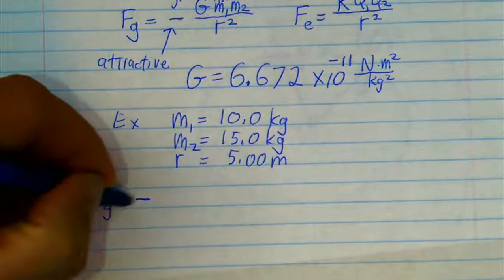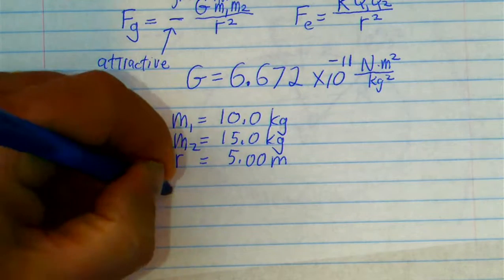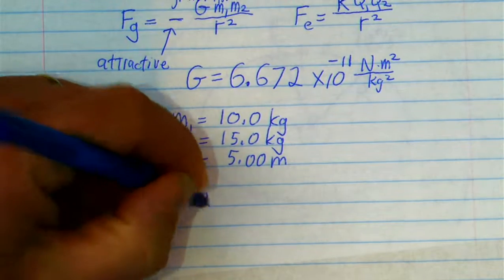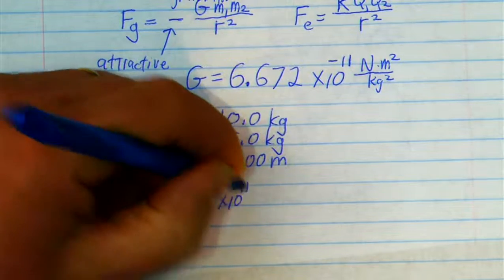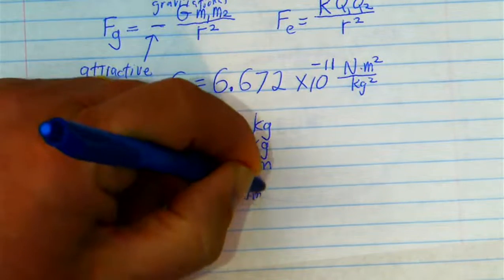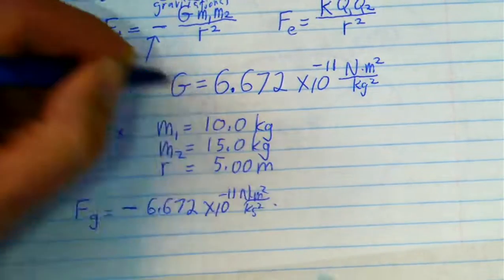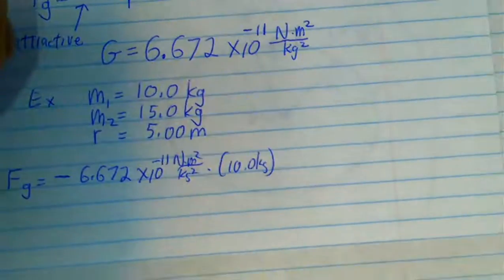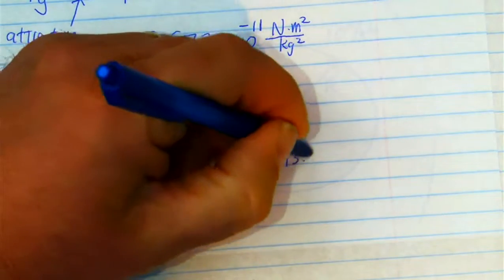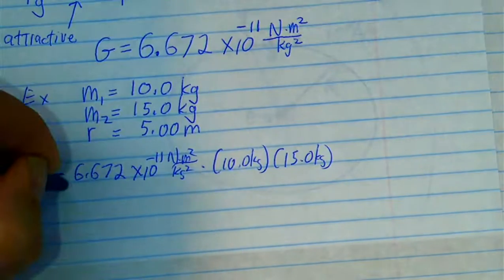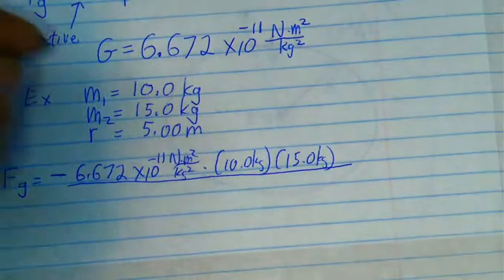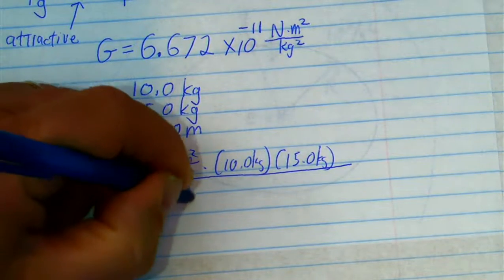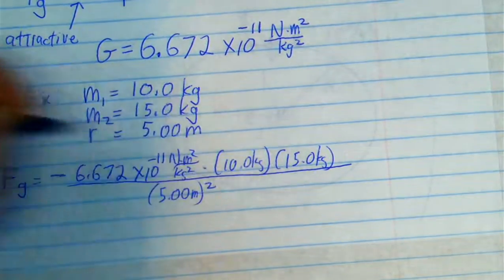So you're going to be plugging in 6.672 times 10 to the negative 11th power newtons meters squared per kilogram squared times mass 1, which is 10 kilograms, times mass 2, which is 15 kilograms. Divide all of that by 5 meters, quantity squared.